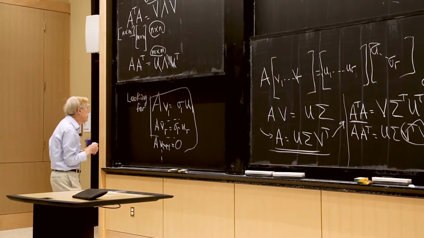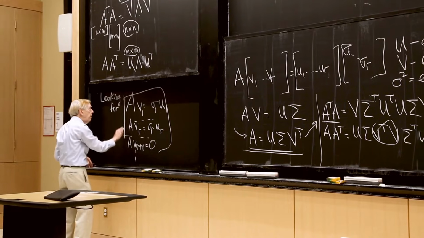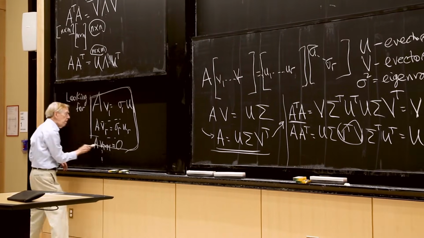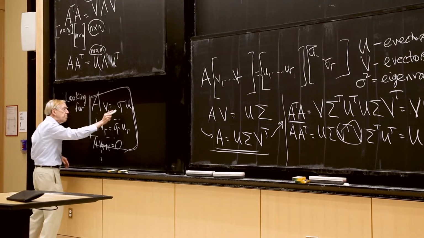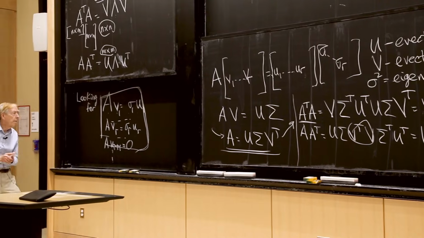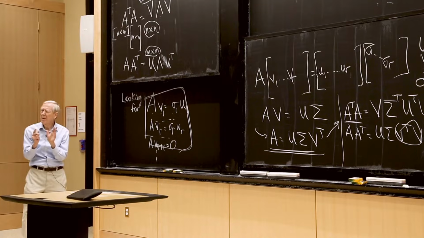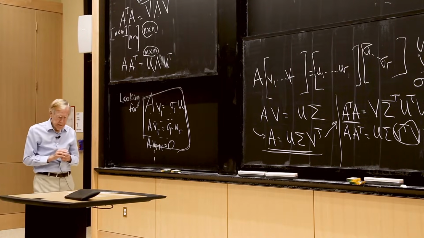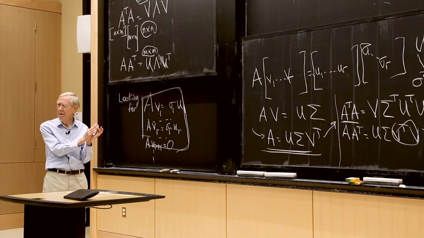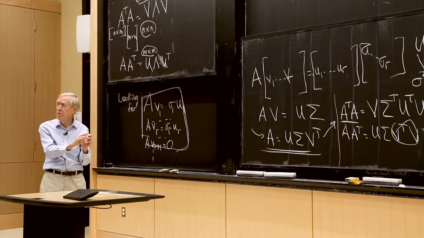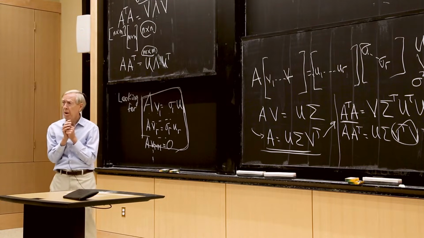So the final step is to remember what I'm going for here. A times V is supposed to be sigma times U. See, what I have to deal with now is I haven't quite finished. It's just perfect as far as it goes, but it hasn't gone to the end yet.